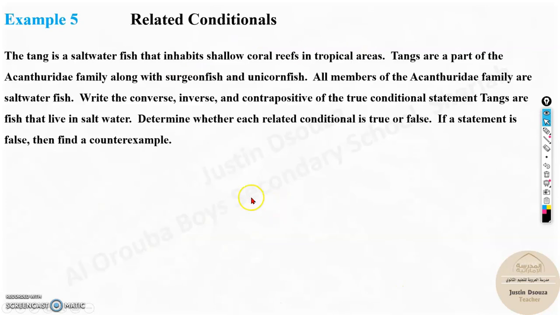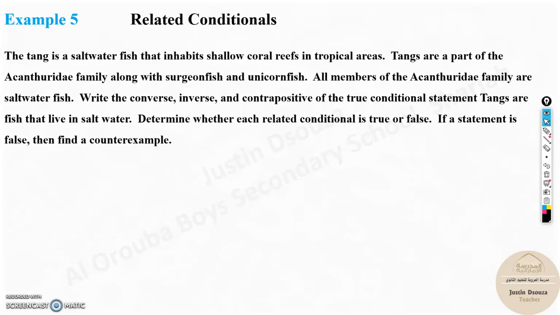Now we will see a problem based on related conditionals. The tang is a saltwater fish that inhabits shallow coral reefs in tropical areas. Tangs are a part of the Acanthuridae family, along with sturgeon fish and unicorn fish.